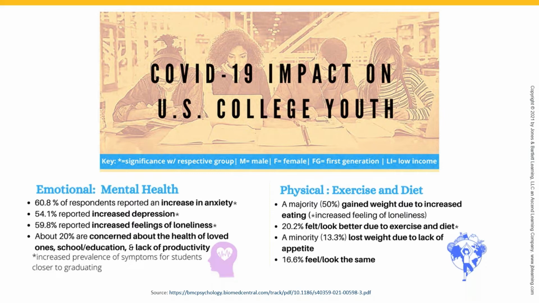I mean, more than 60% of students reported an increase in anxiety. And these, again, are data that are important for students to understand, and sometimes they're reassuring for them to see some of these things because they might be feeling some of these things in class.